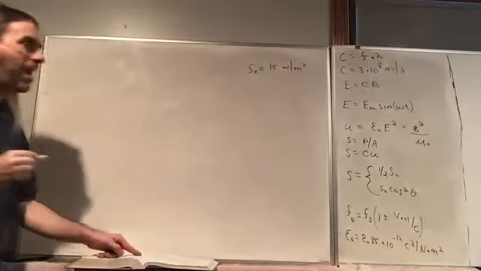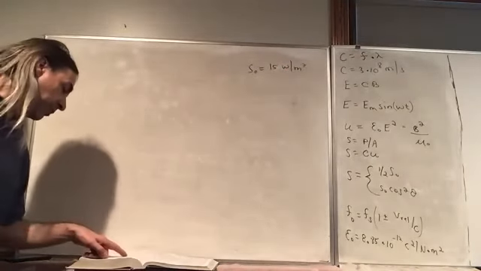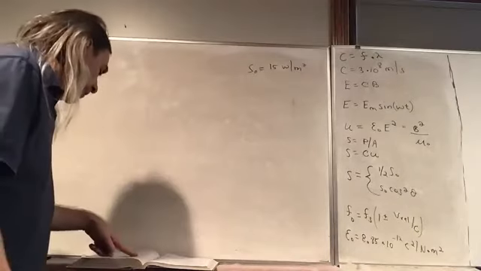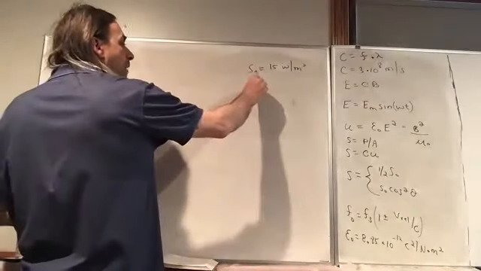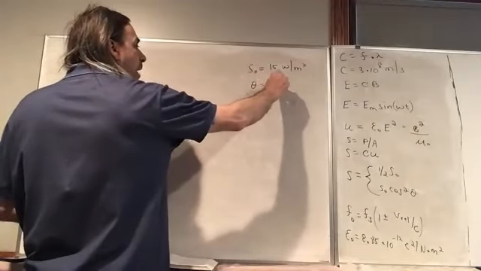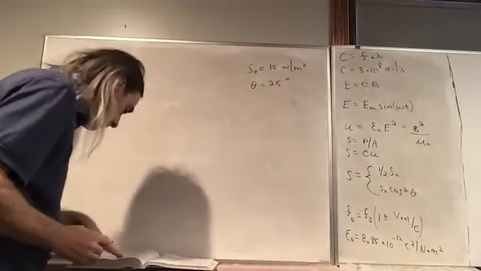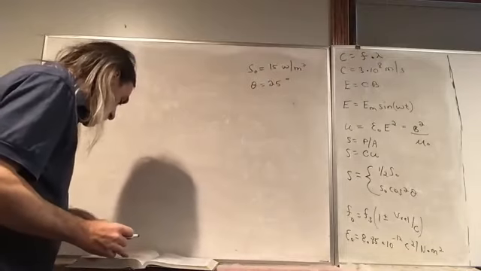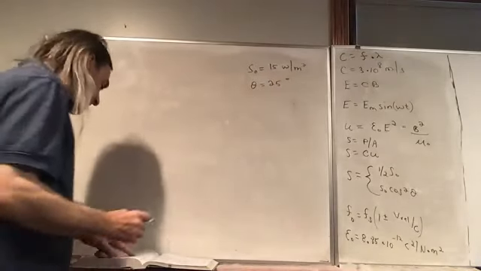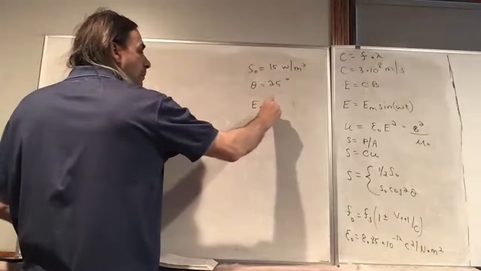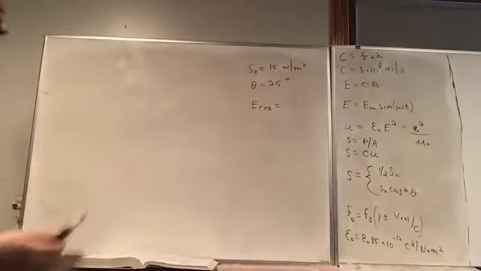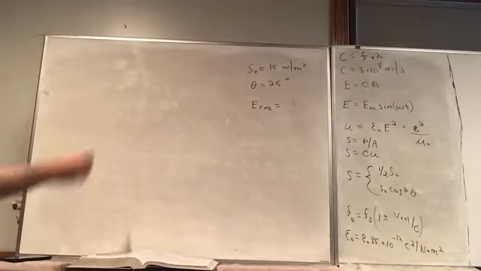So we have already polarized light, goes through a polarizer, and the transmission axis makes an angle of 25 degrees with respect to the electric field. Determine the RMS value of the light that's coming out the other side of the polarizer.